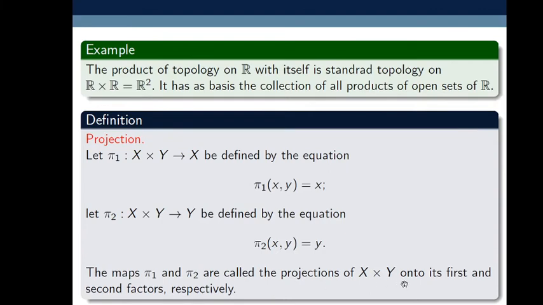Here they use the word onto. Why? Because pi1 and pi2 are surjective. They must be surjective unless one of the spaces X or maybe Y happens to be empty, in which case the product X times Y is empty.